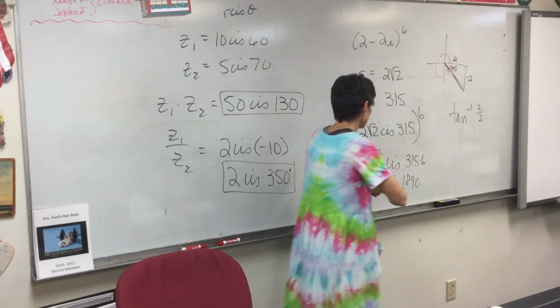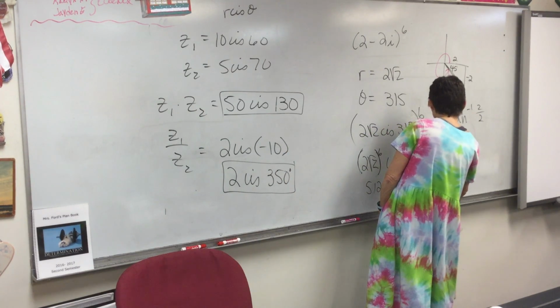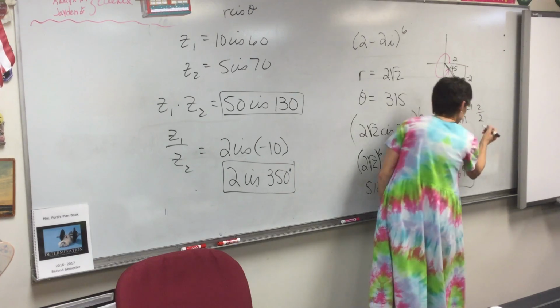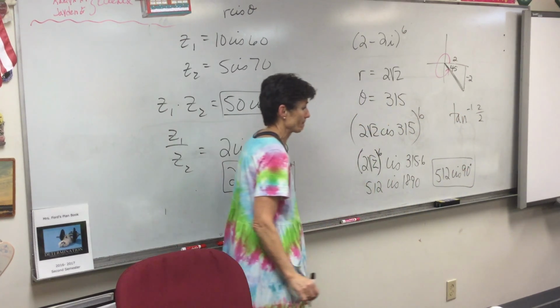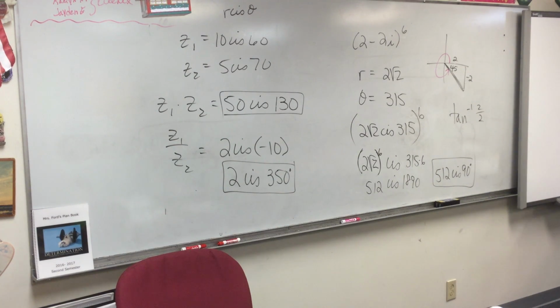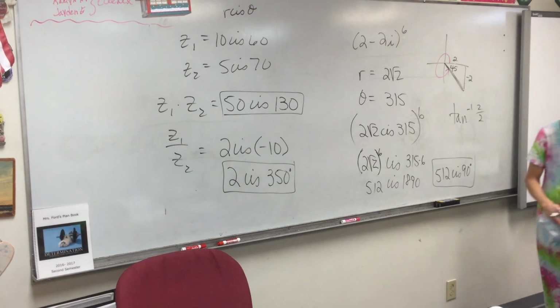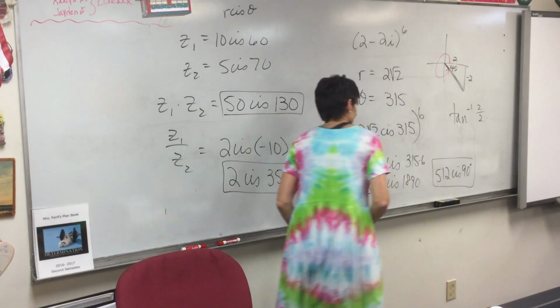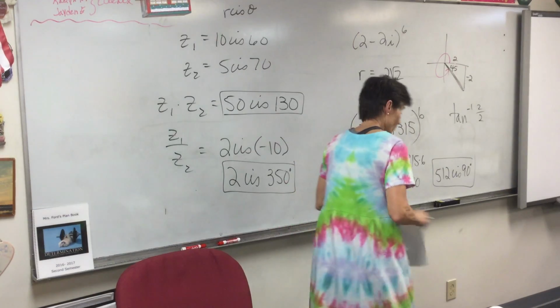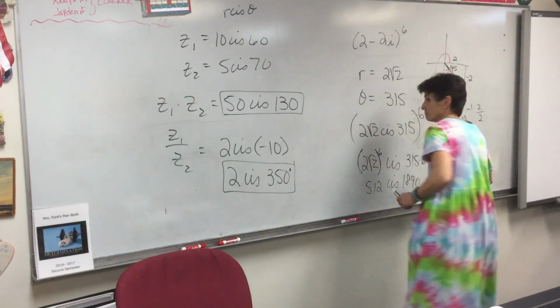So my final answer will be 512 CIS 90. Is that right? Done. Okay. Now we've got our graphing to do.